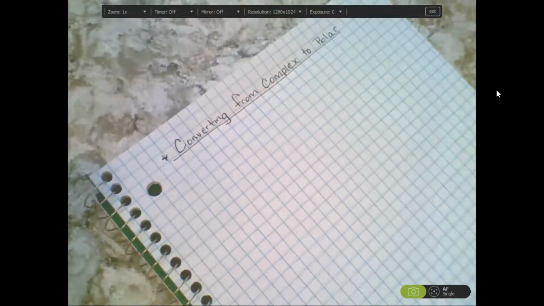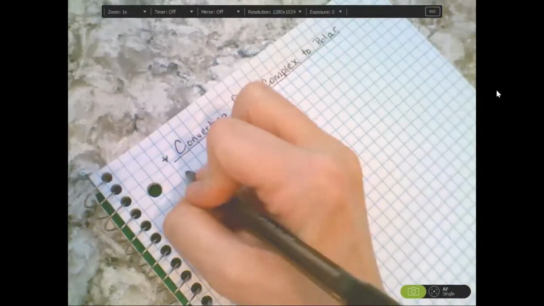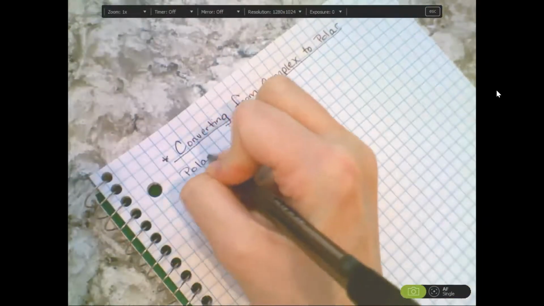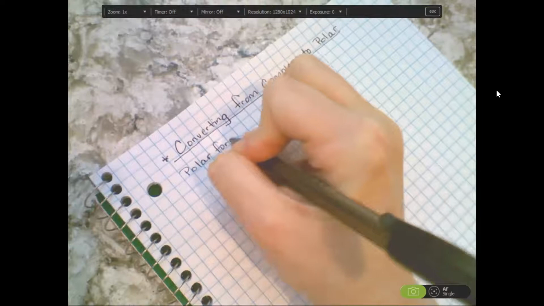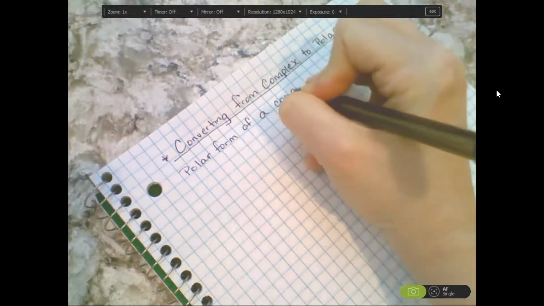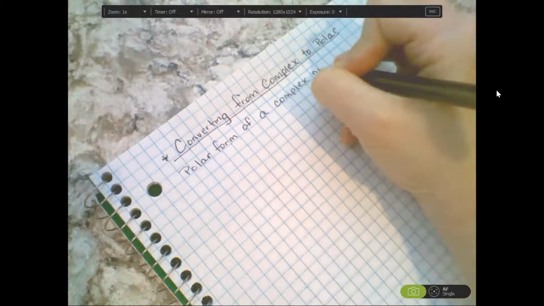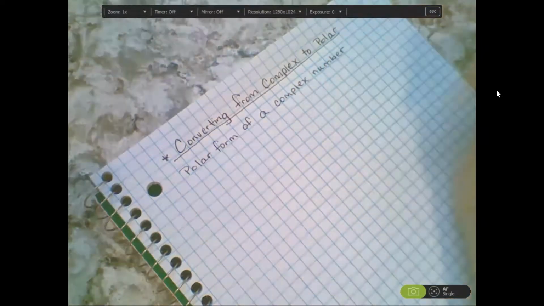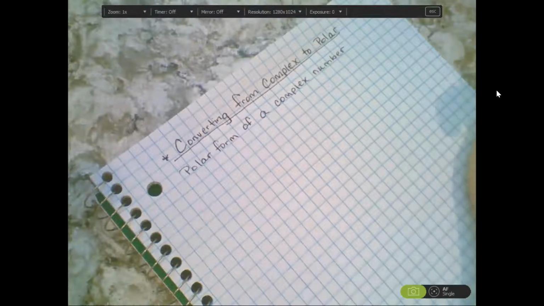Okay, so the first thing that we need to know is that the polar form of a complex number, so we know already that if it's a complex number, it's going to have some imaginary stuff in it somewhere, right?